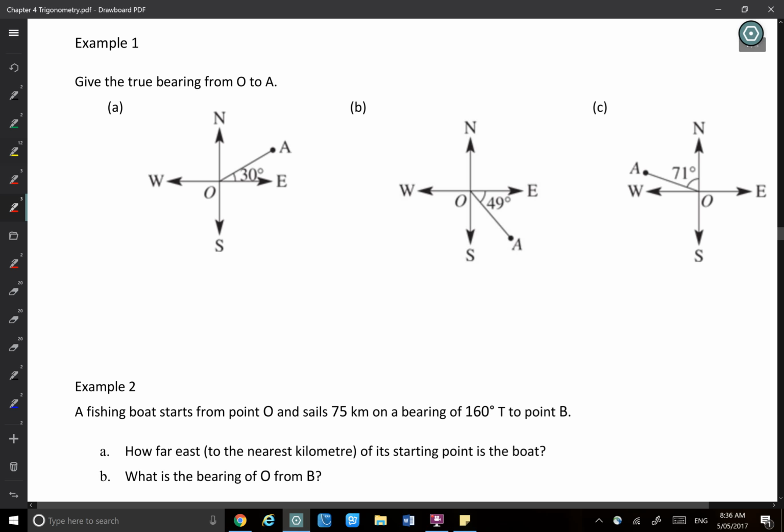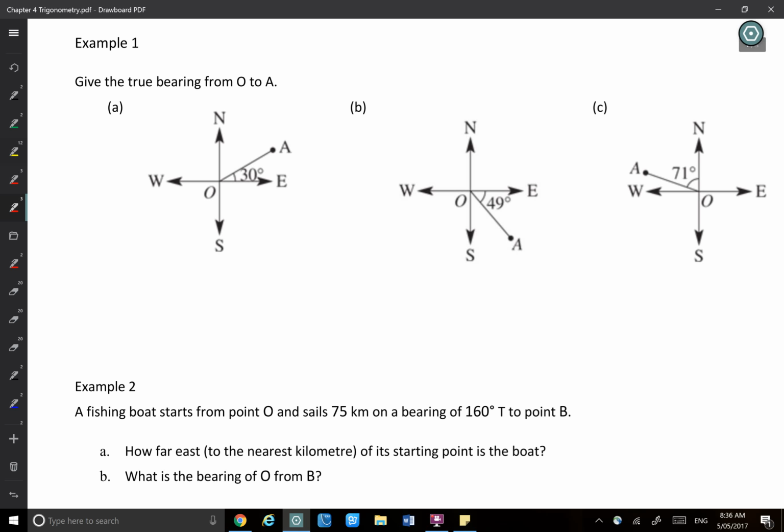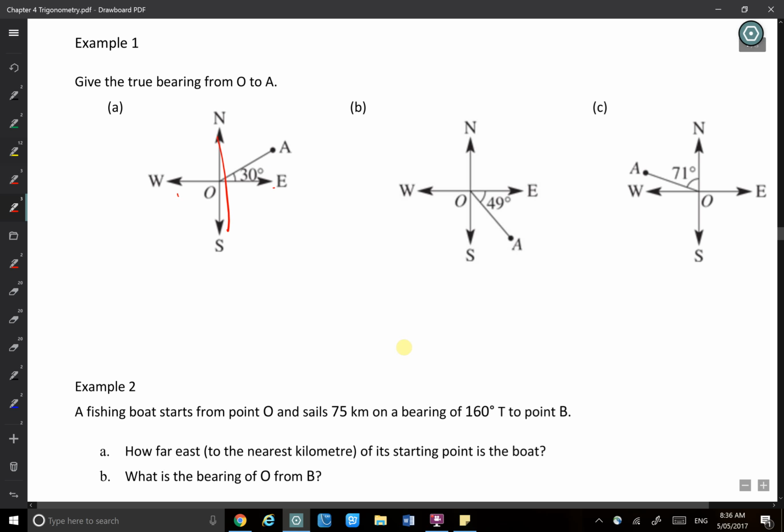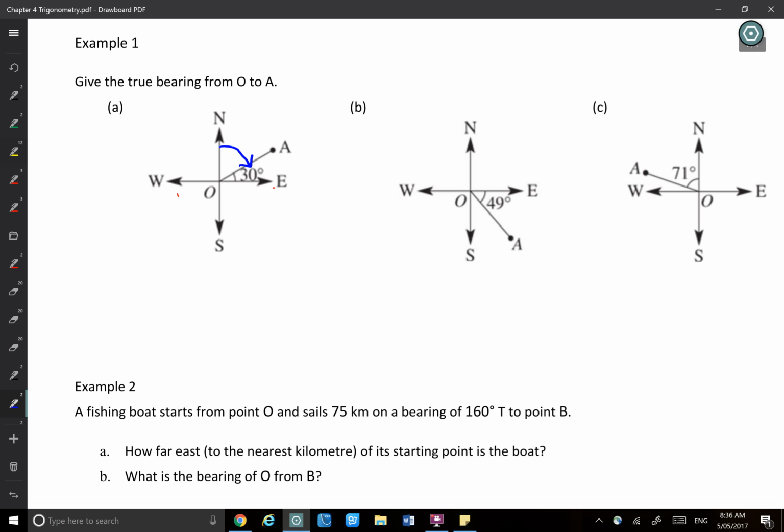Give the true bearing from O to A. You have already drawn this compass at O. Then you calculate from the north until you meet the line connecting those two objects. That is the bearing.